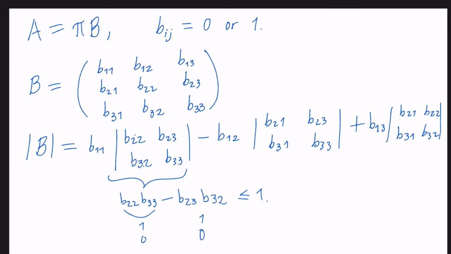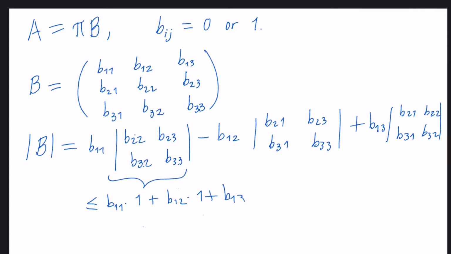So that's why we will also have the following. The determinant is less than or equal to 1 times B11 plus 1 times B12 plus 1 times B13.